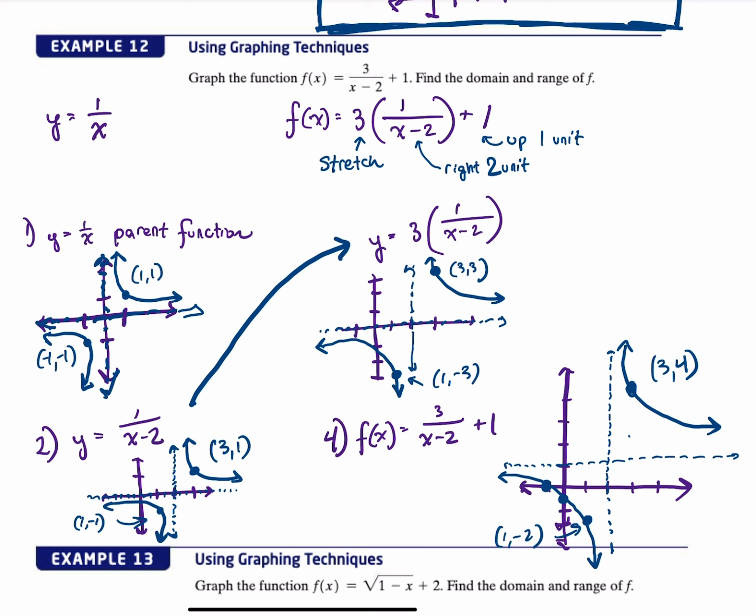So it did want the domain and range. Let's throw that in here too. So my domain is, I'll use set builder notation now because I want to say everything except a single value. This will be a little bit more compact because I want to not have this asymptote value where x equals 2. So I'll say all values x such that x is not equal to 2.